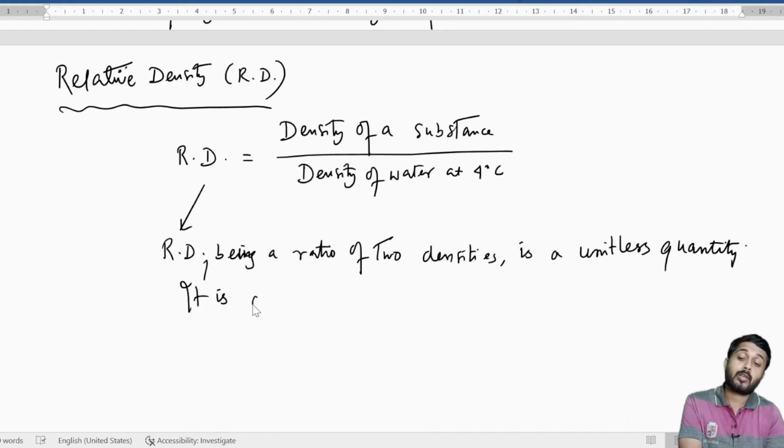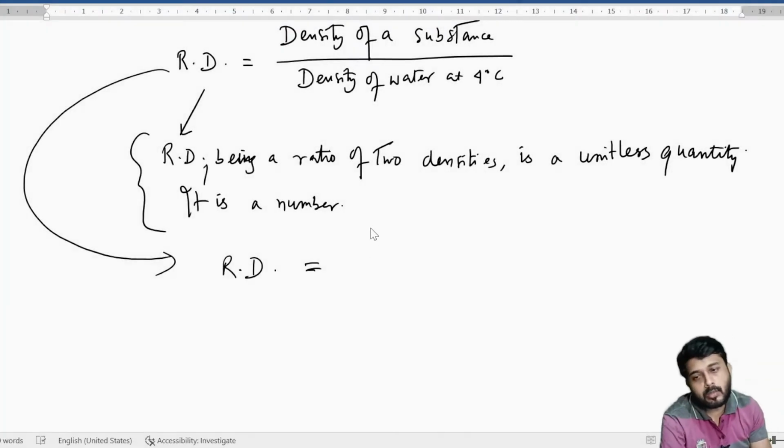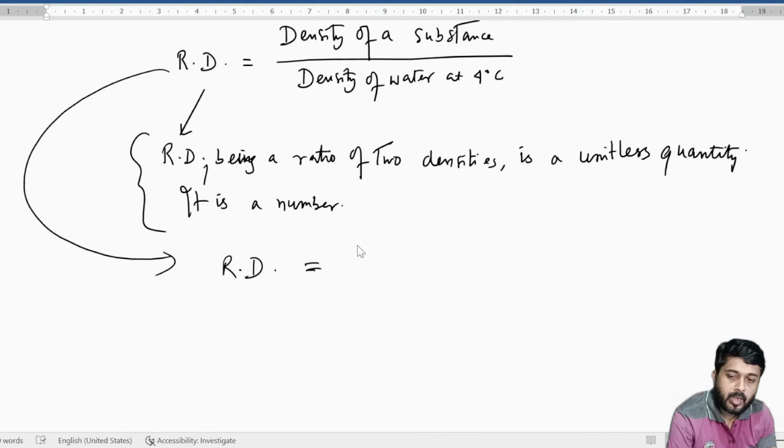It is a number. Okay, keep it in mind. RD has no CGS unit or SI unit. Keep this thing in mind. Okay, now tell me, what is this density of a substance? Am I able to write?